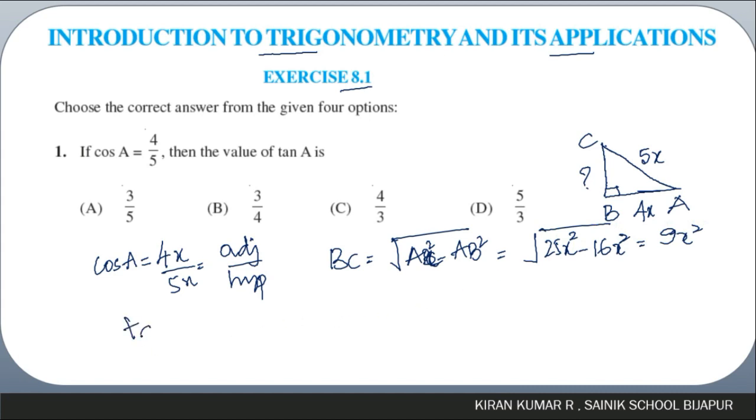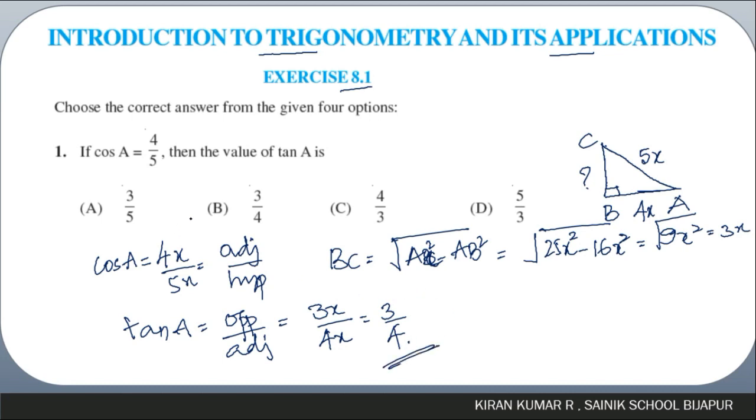So tan A is nothing but opposite side of angle A to adjacent side. Here the opposite side becomes 3x. So 3x divided by 4x, 3 by 4. And this 3 by 4 is there in option B. Option B is the right answer.